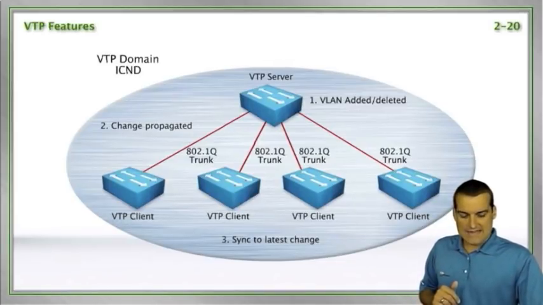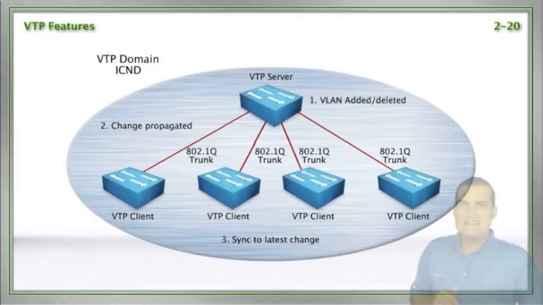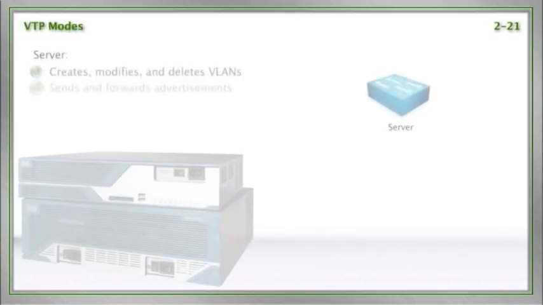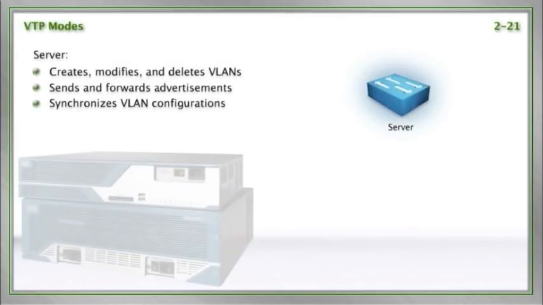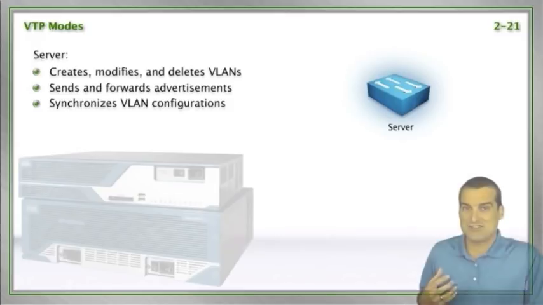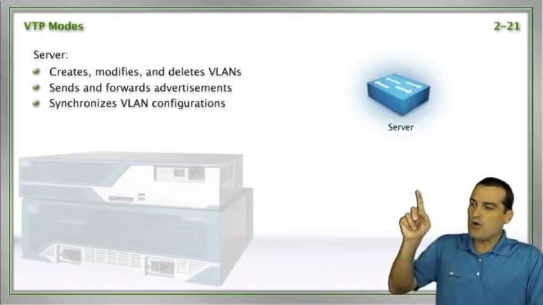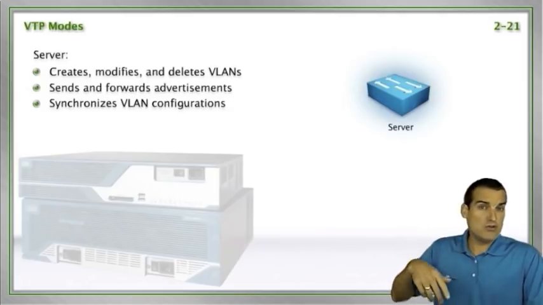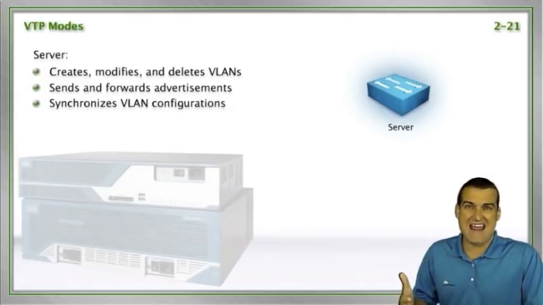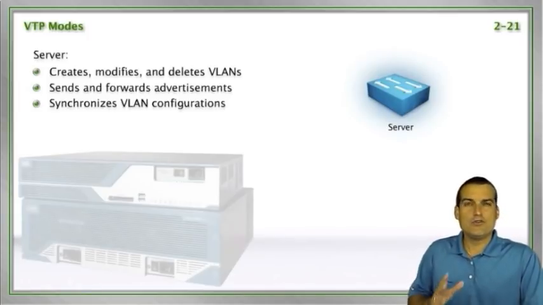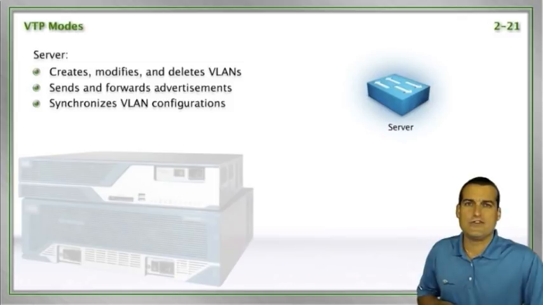Let's go ahead and take a look at the three different potential VTP modes that we have. By default, all of your Catalyst switches are going to be in what's called server mode. They're going to be in a mode where you can create and edit and delete VLANs all that you like. So by default, they're all in the mode of VTP server.